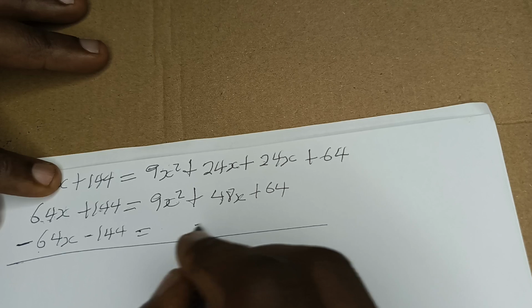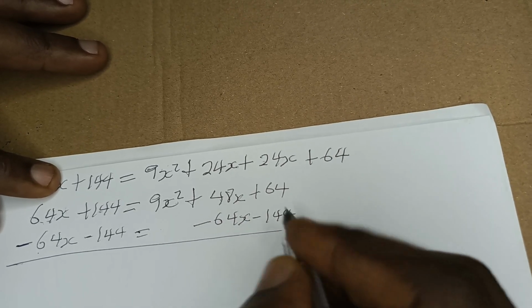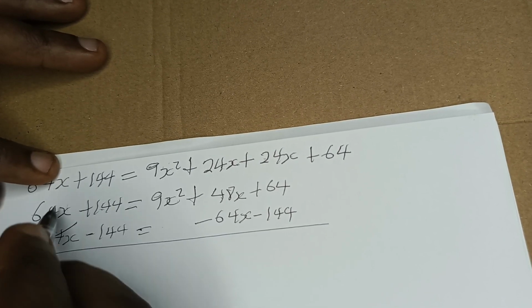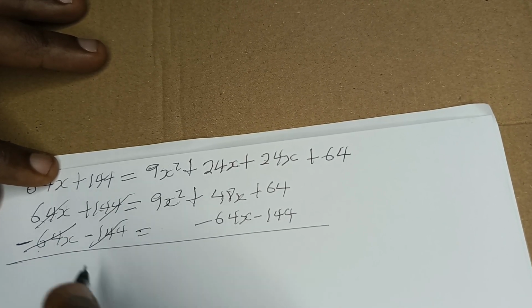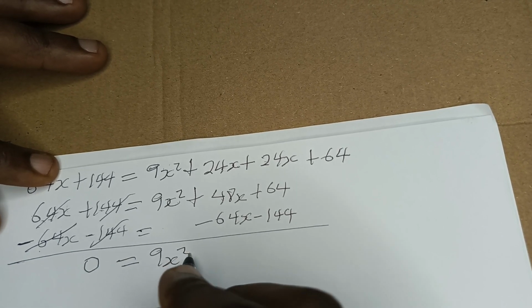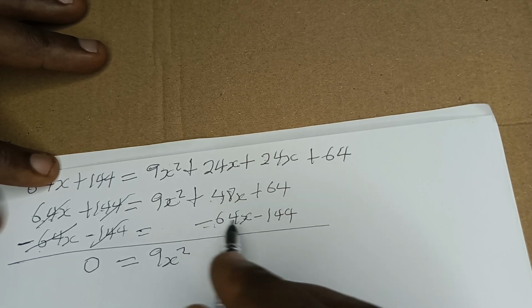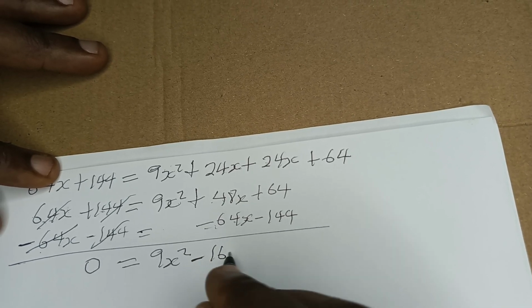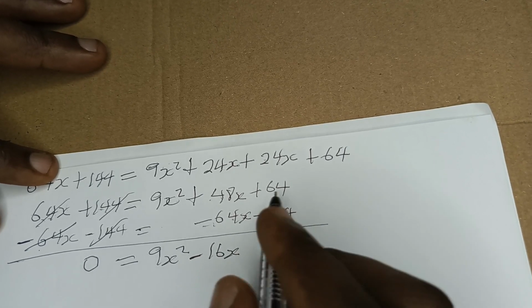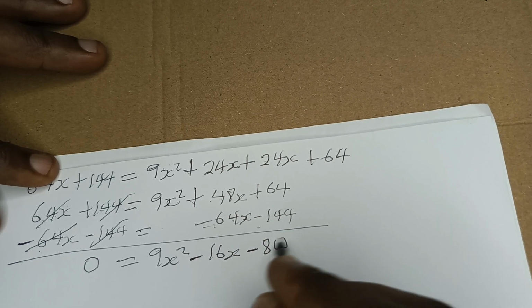So this also gives us minus 64x minus 144. This cancels this, this cancels this. So we are left with 0 is equal to 9x squared, now 48 minus 64 gives us minus 16x. 64 minus 144 gives us minus 80.